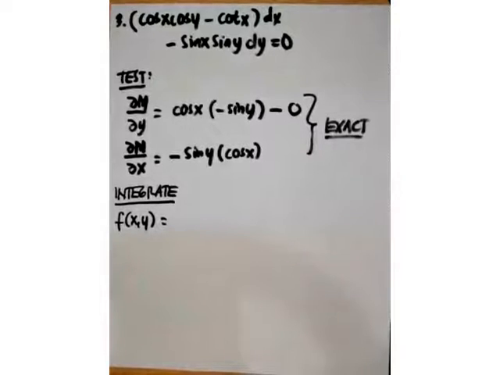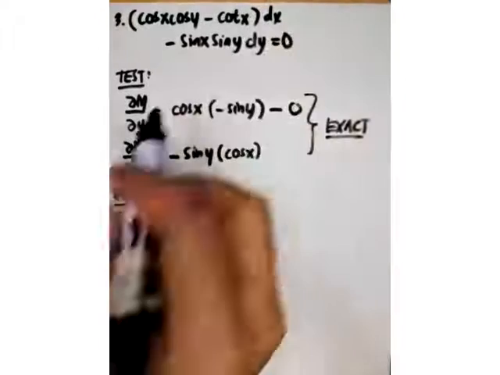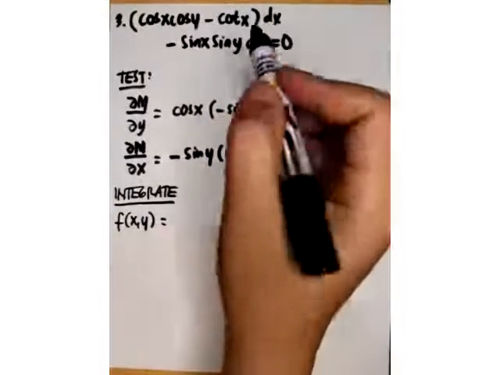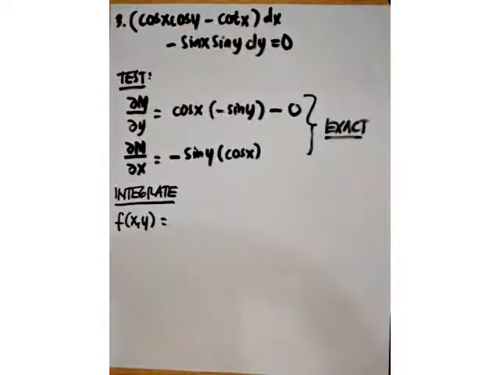Pero hindi naman mali. Wala namang mali dun sa sagot. Hindi ko naman sinabing mali ang M na pinili ninyo. Ang sa akin lang kasi, yung madali lang i-integrate. Pero kung gusto ninyong i-integrate yun, wala naman talagang problema.